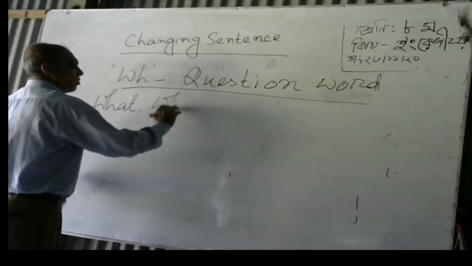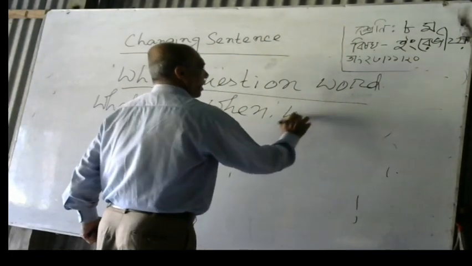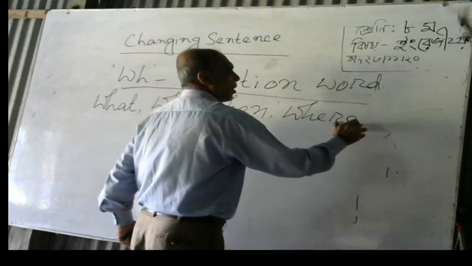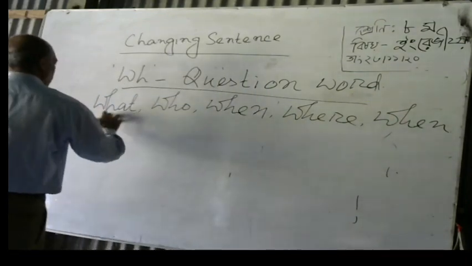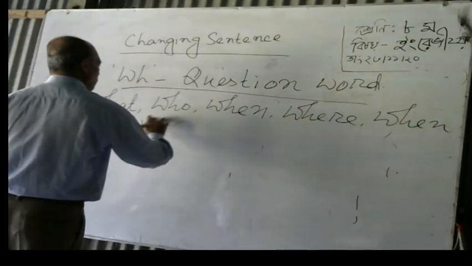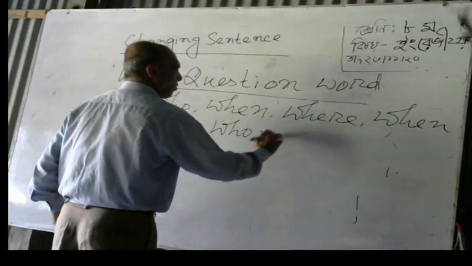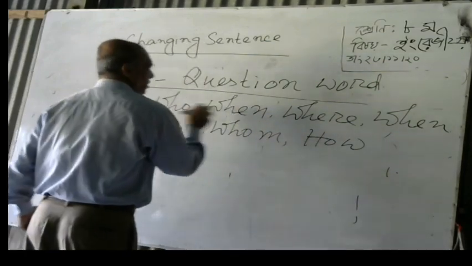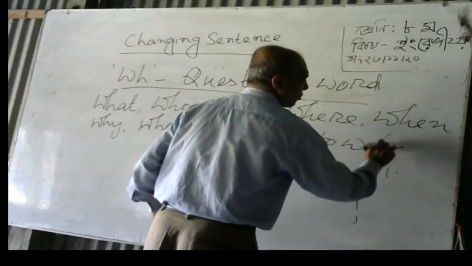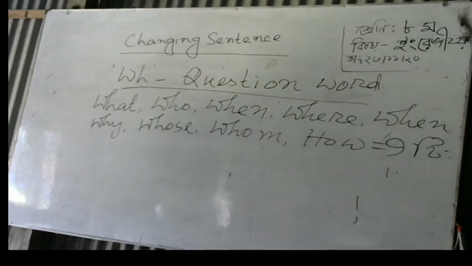What, who, when, where, why, whose, whom, which and how. 1, 2, 3, 4, 5, 6, 7, 8, 9. These are the 9 WH question words. You can make questions using these WH question words also.